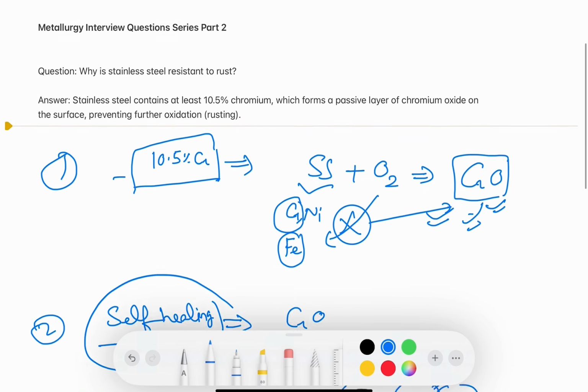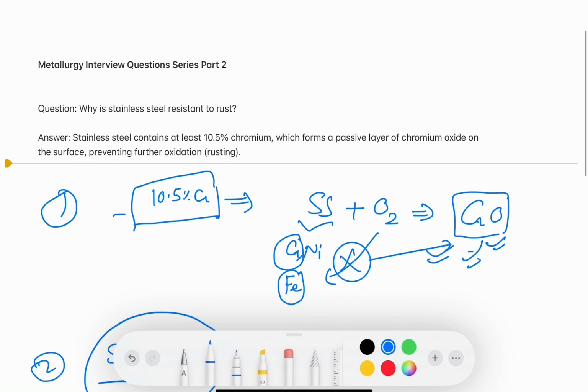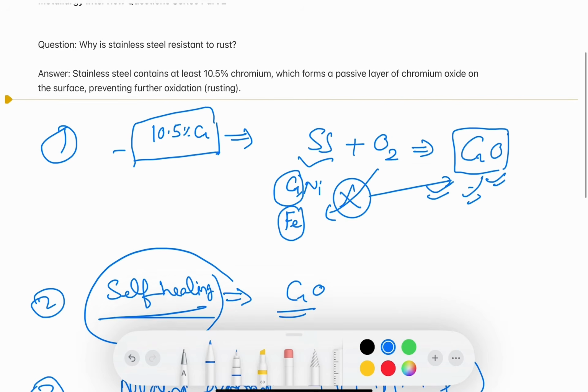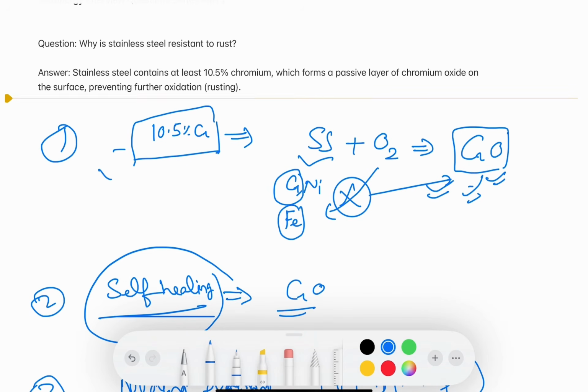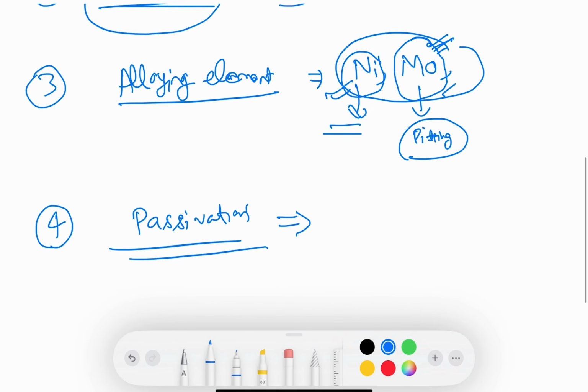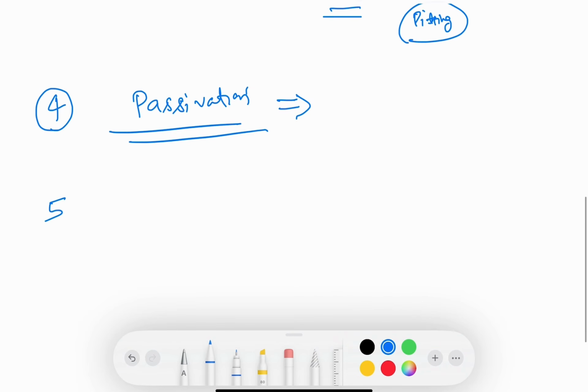But if someone asks you in an interview or anywhere why stainless steel is resistant to rust, the main reason is that it contains a minimum of 10.5% chromium, and it also depends on the different types of stainless steel, because there are different types, right?